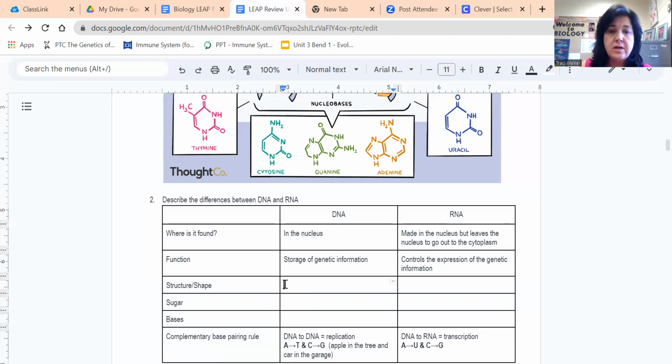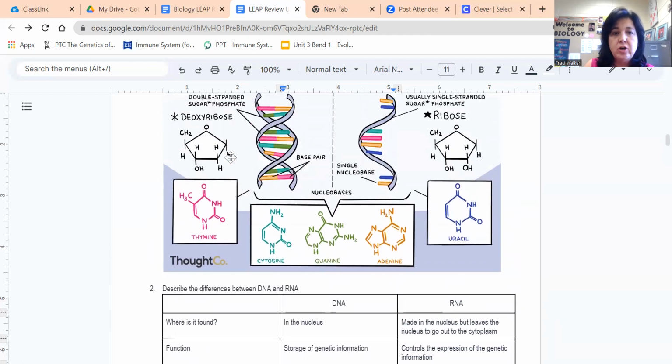Okay. And so DNA is a double-stranded helix for its structure. And then RNA is just a single strand. They both have a 5-carbon sugar.